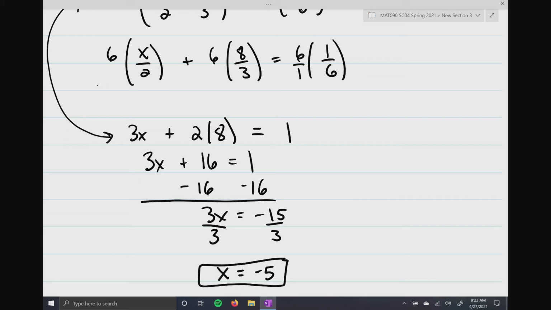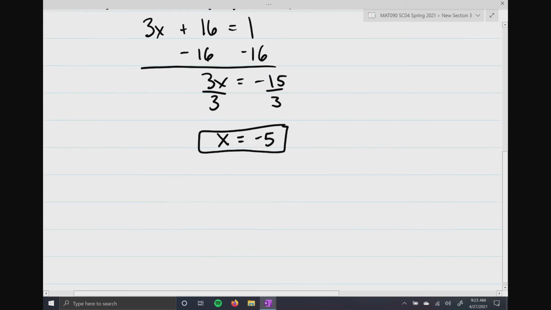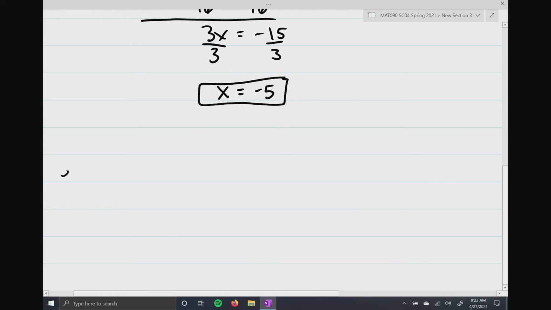All right, so I'm going to give you one that's extremely similar to this problem to do. Just so we can get warmed up here. So here's your example. Solve x over 3 plus 4 over 5 equals 2 over 15.